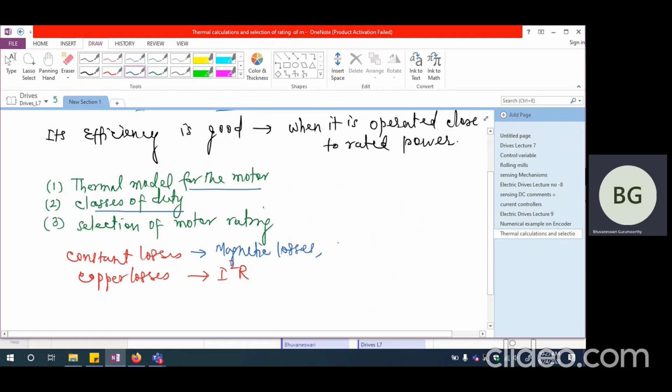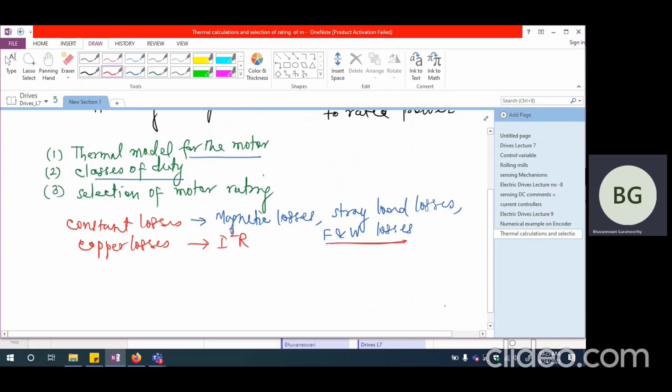Then you might have stray load losses, which cannot be really accounted for very systematically. And another one is mechanical losses, which is friction and windage losses. So these are all going to be there. We cannot say really friction windage loss is a constant, but depending upon what is the kind of speed variation you anticipate, this could be a constant or this could be a varying quantity.